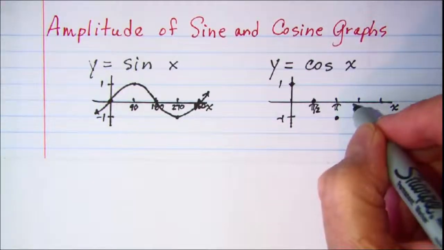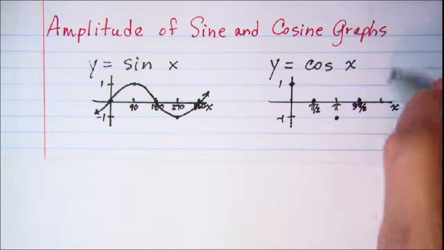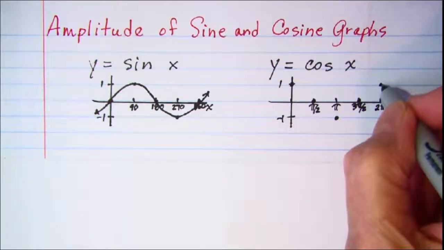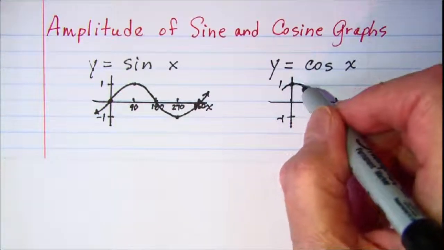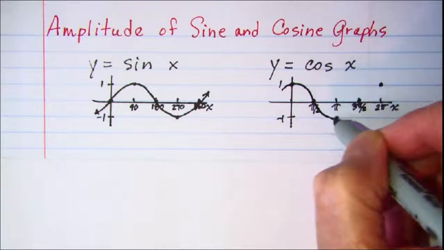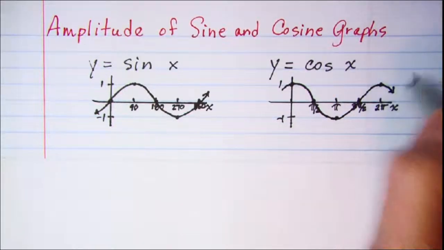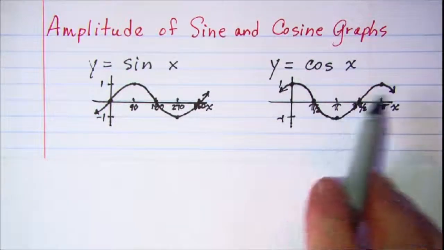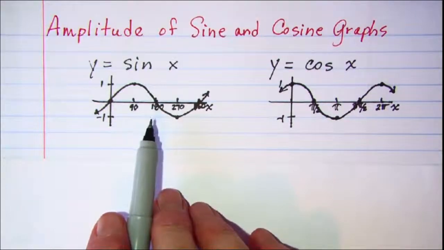And then at 3 pi over 2, the cosine is 0 again. And then at 2 pi, the cosine is back up at +1. So our cosine curve looks like this. And again, that's a periodic function, so it repeats itself every 2 pi radians, or every 360 degrees.